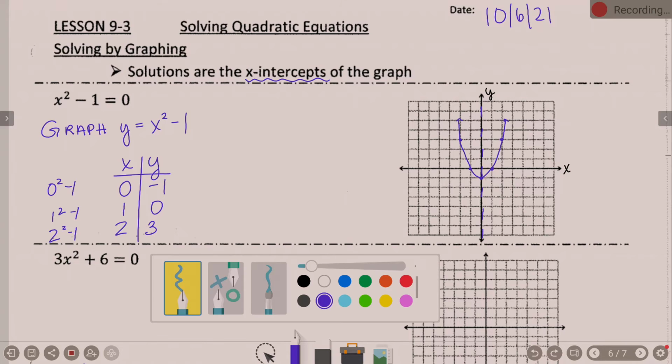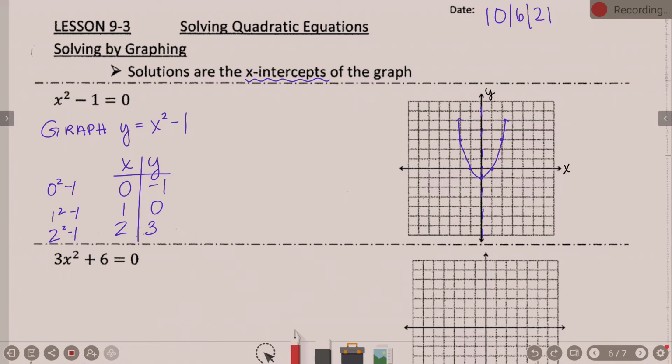Okay, before we move on to the next problem, I need to know, what is the answer to this problem? We talked about we're trying to solve this, right? So we want solutions, but we're graphing it to get those solutions. What do we say the solutions are? Solutions are the x-intercepts.